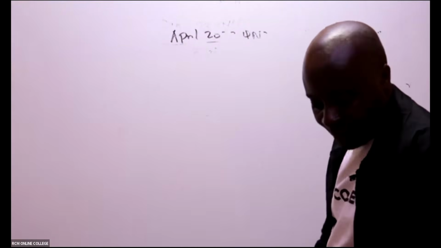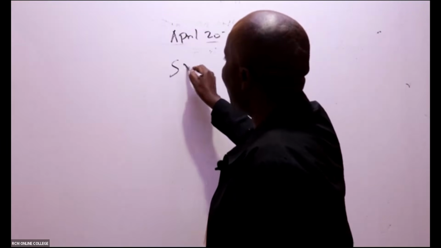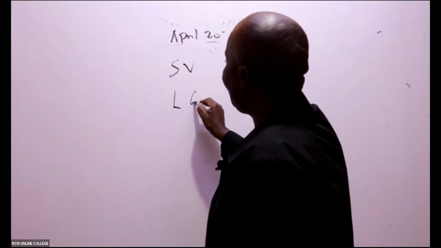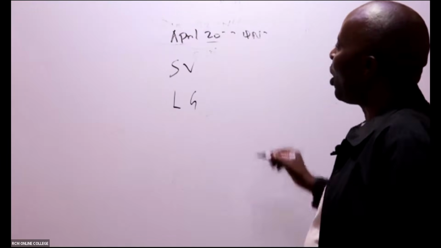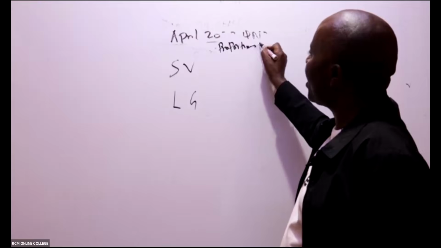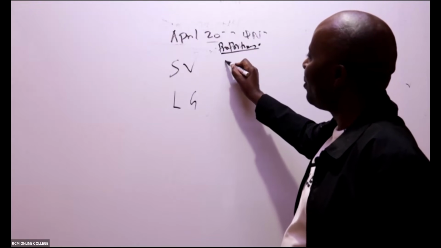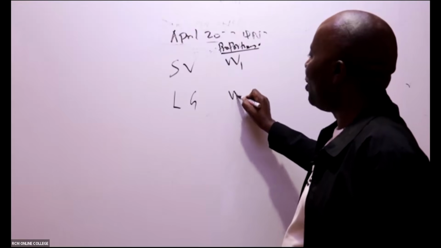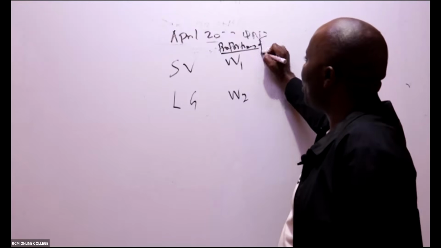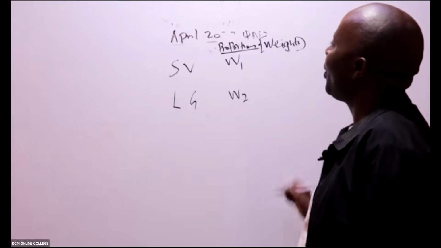This is easy because they want me to combine two portfolios, small value and large growth. So I will let their proportions be weight 1 and weight 2. Remember, proportions are the same as weights.